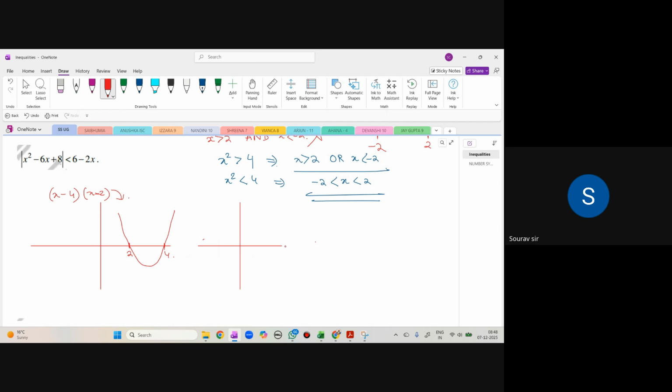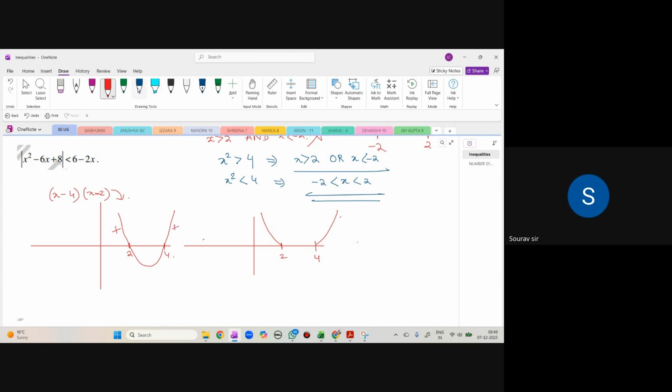In mod, you cannot have any negative value. So wherever it is positive, there is no problem.